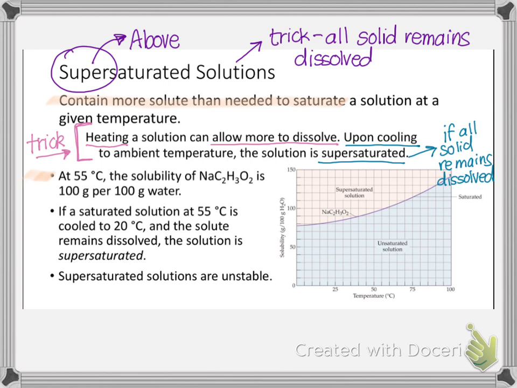If a solution saturated at 55 is cooled to 20, and so here's the trick, and the solute remains dissolved, then you have a supersaturated solution. So you heat it, cool it, and the solute remains dissolved.